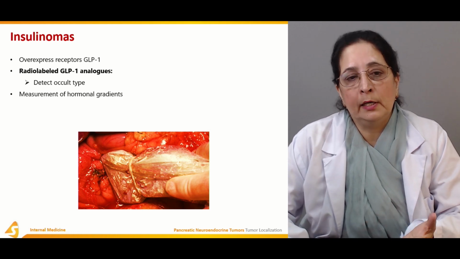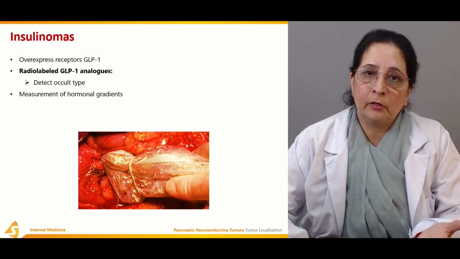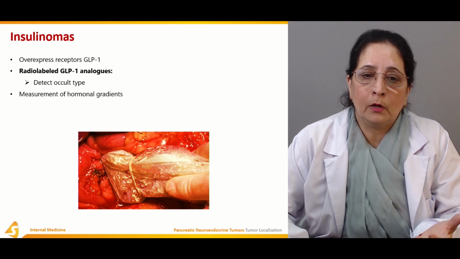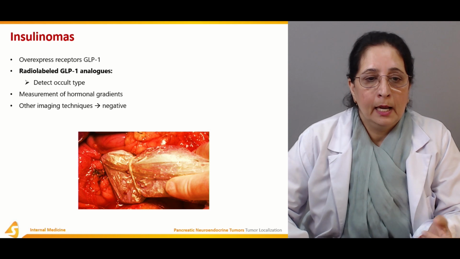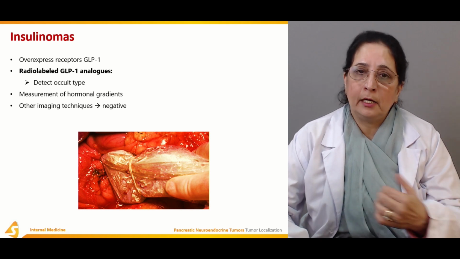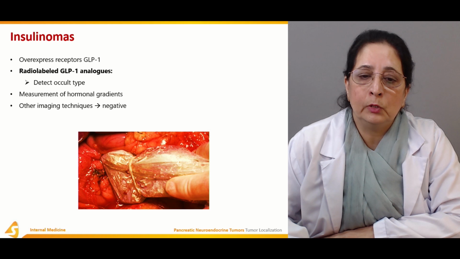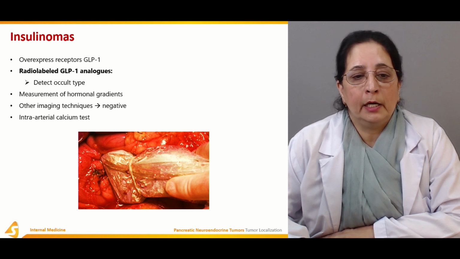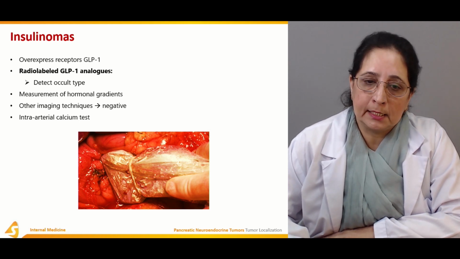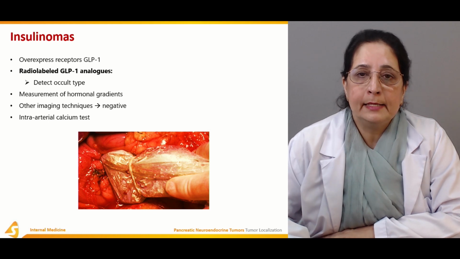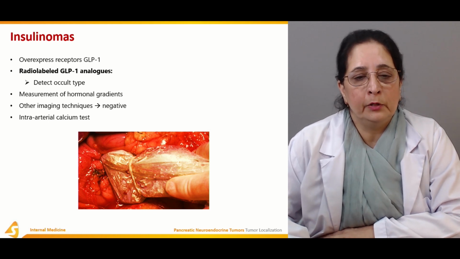Measurement of hormonal gradient: in case of insulinomas, measurement of the insulin. Other imaging techniques are usually negative in insulinomas. Intra-arterial calcium test can also be used for diagnosis of insulinoma.